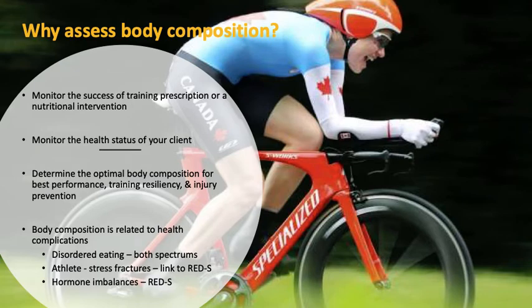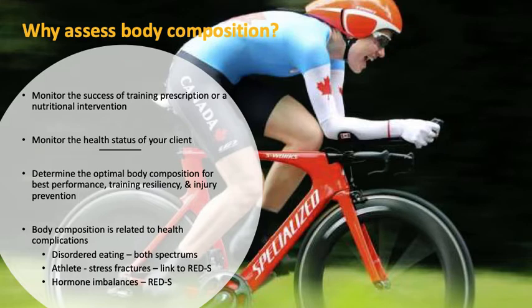Let's begin by discussing some of the rationale for assessing body composition. The first reason is to monitor the success of your training, your exercise prescription, or a nutritional intervention. So you're assessing changes, segmental changes, as a result of training. So are your quads getting more lean? Are you changing the body composition, the bone densitometry of the area that you're working?